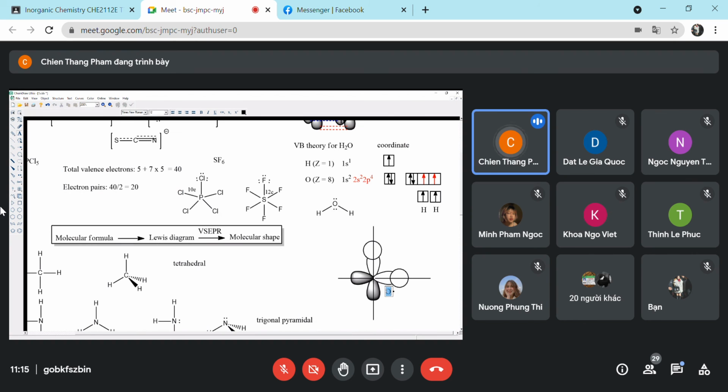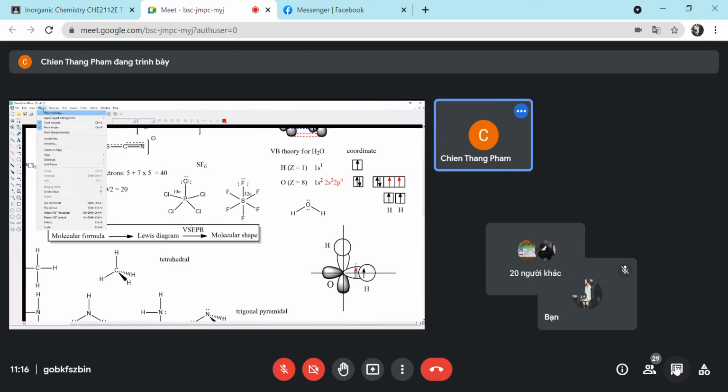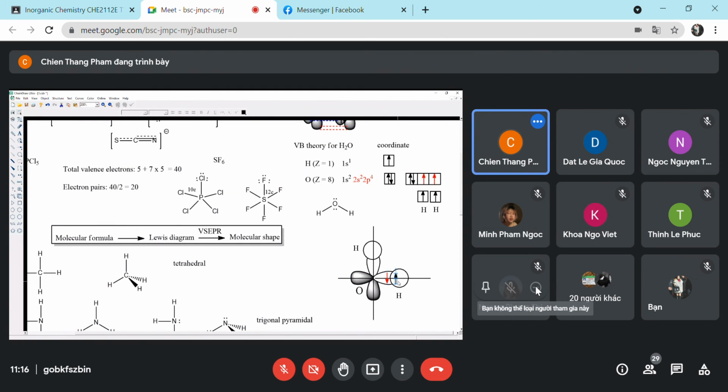Another one is also from hydrogen, and another one here is from oxygen.